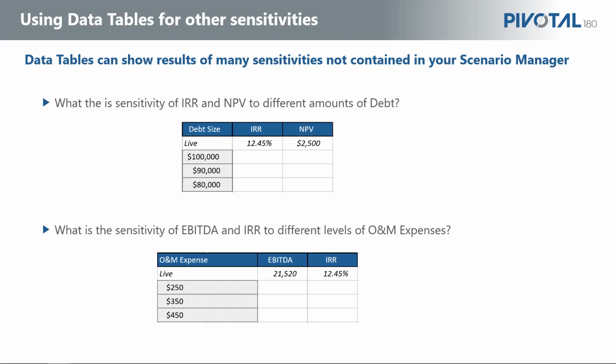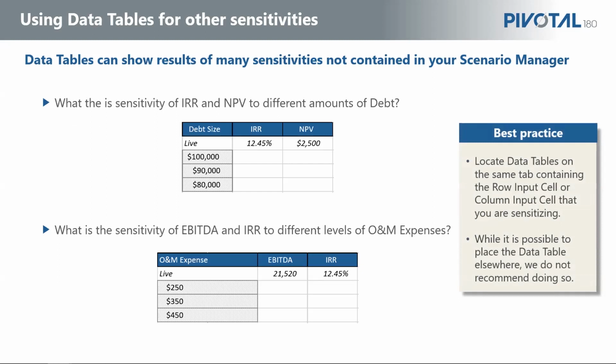And if you specified on one axis of the table how much debt, and on the other axis, what is the interest rate, you could build a two-dimensional data table, and then it's just a question of which one of those items was my column input cell or my row input cell. An enormously valuable tool.